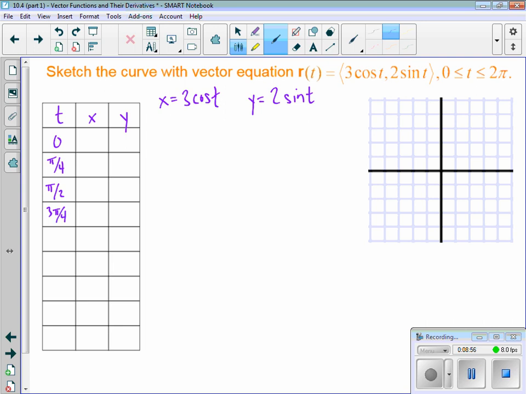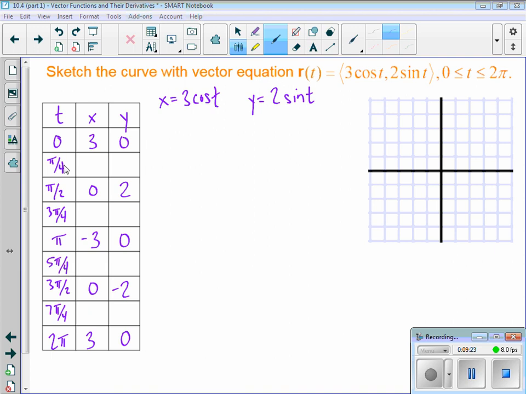I tried to just go by pi over 2s, and you couldn't get enough points to actually see what was happening fully. So 1 pi over 4, 2 pi over 4, 3 pi over 4, 4 pi over 4, and so on. And then go ahead and find the x's and y's that go with that.